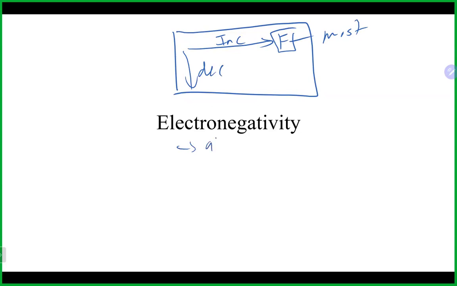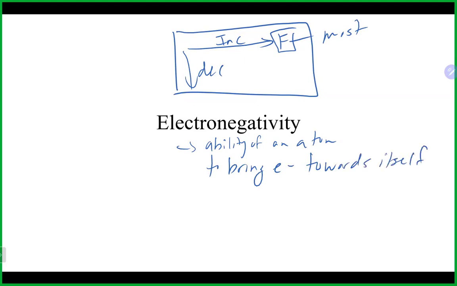Electronegativity is, again, the ability of an atom to bring electrons towards itself. And it really is electronegativity that we look at when we're trying to determine, like I said, how those electrons are going to be shared.